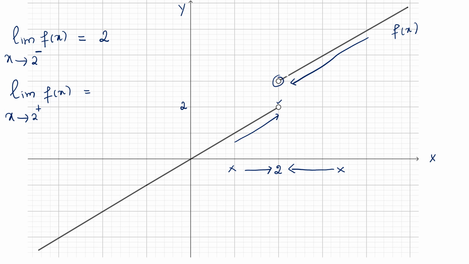What is the corresponding value? This value is 3 here. So the left limit is equal to 2 and the right limit is equal to 3. The left limit and right limit are not equal here. So the limit of f of x as x tends to 2 does not exist. If these two are equal, then we can say it exists. So for any graph, we can find the limits easily like this.